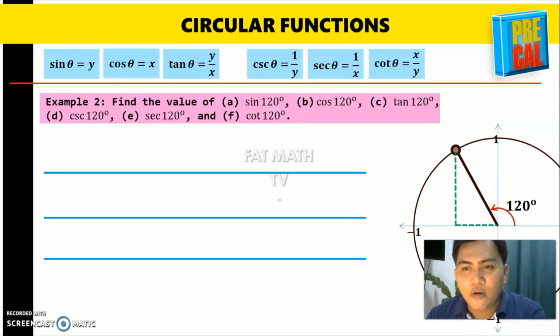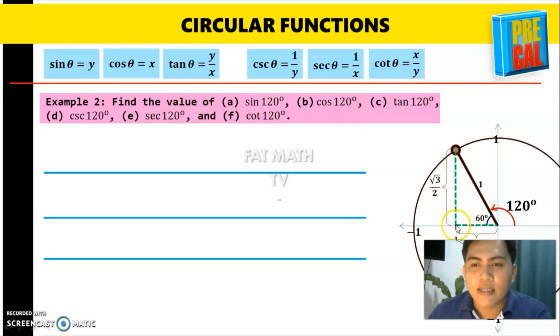We can form here a 30, 60, 90 triangle again. So the hypotenuse is again 1, the shorter leg is 1/2, and the longer leg is square root of 3 over 2.